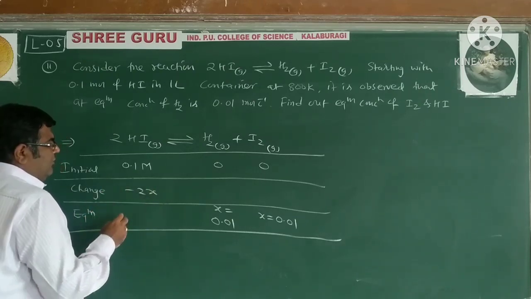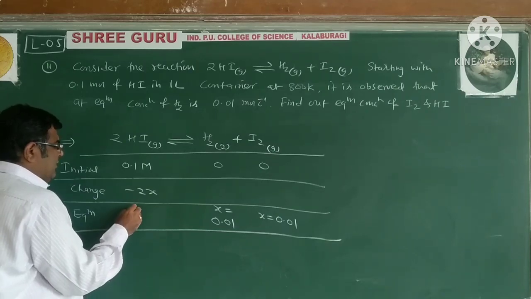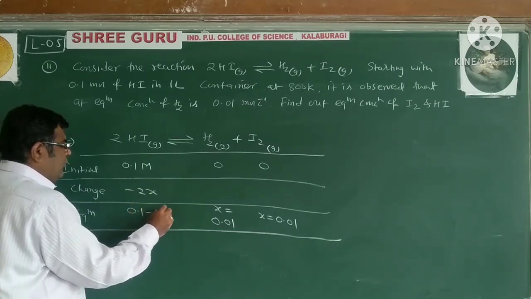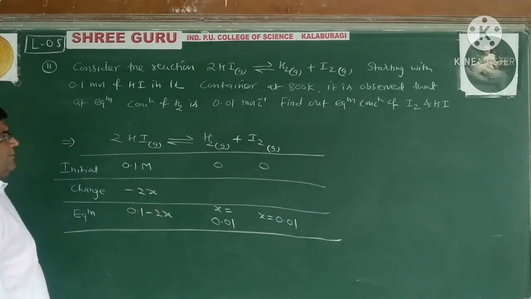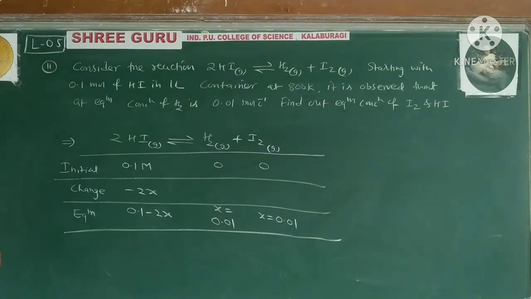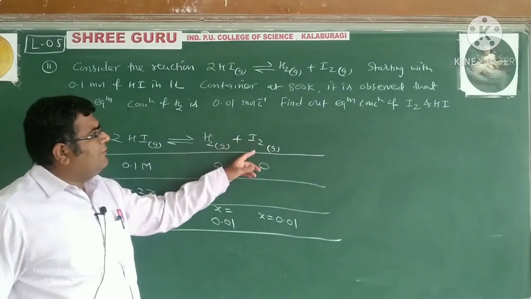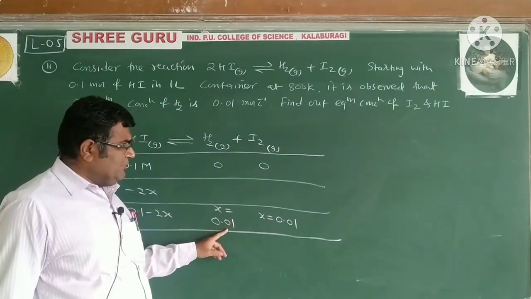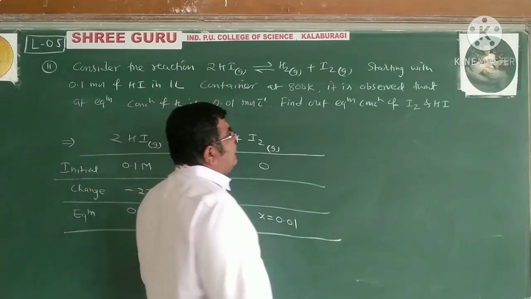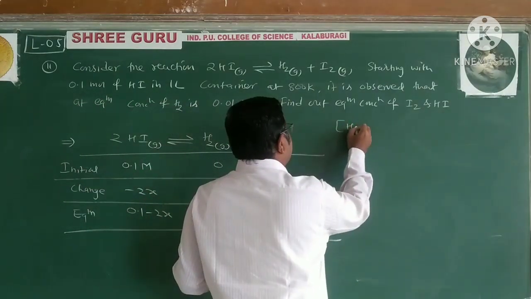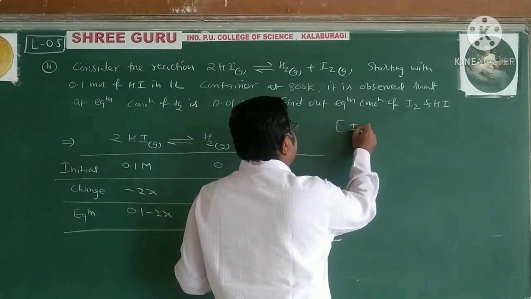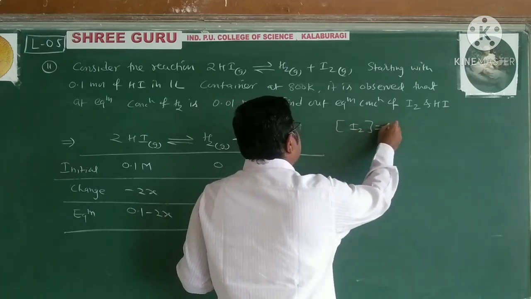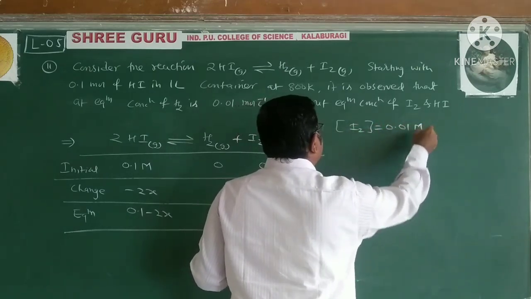So equilibrium concentration will be 0.1 minus 2x. They ask the equilibrium concentration of iodine. Already we got our answer, 0.01 molar, because it is same as hydrogen. So equilibrium concentration of iodine is nothing but 0.01 mole per liter.